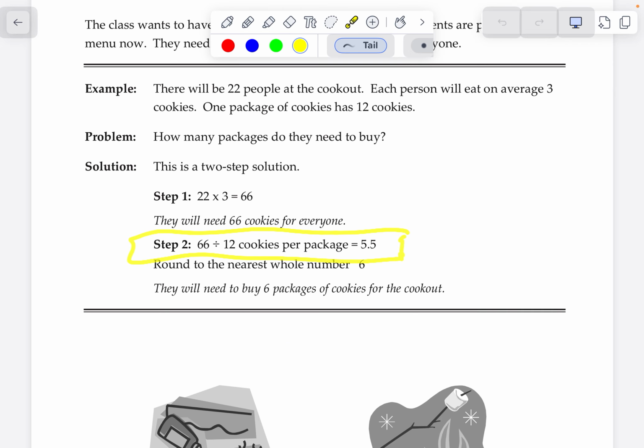If you divide 66 by 12, you get 5 point anything, which means you have to buy the 6th package of cookies for it to work. See how that makes sense? You always round up to the next whole number, whether it's 5.2 or 5.1 or 5.5. We always round up. So you actually need to buy 6 packages. Yeah, you might have some cookies left over, but that guarantees everybody has what they need, okay?